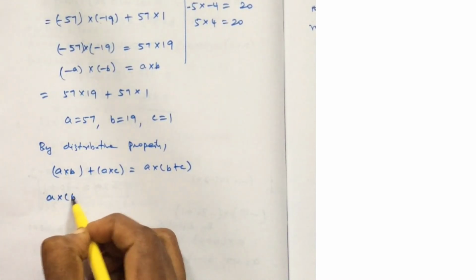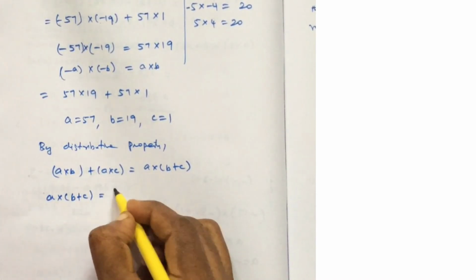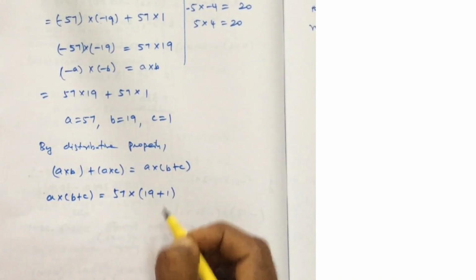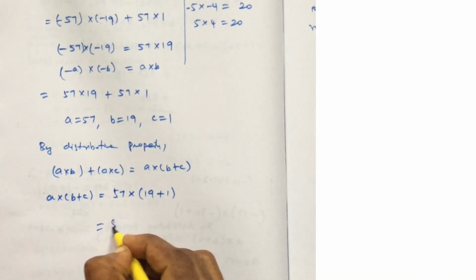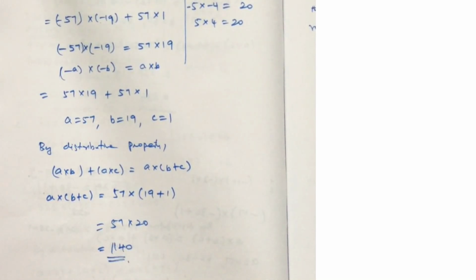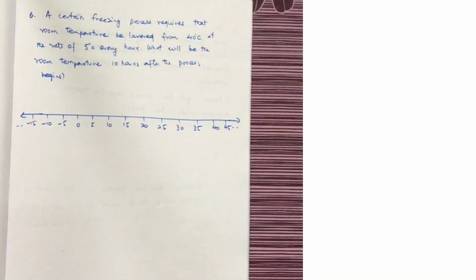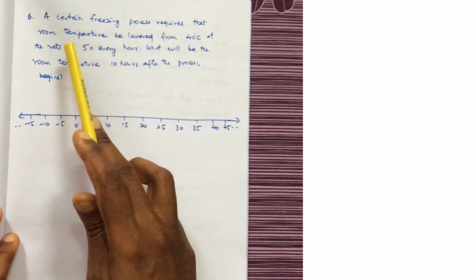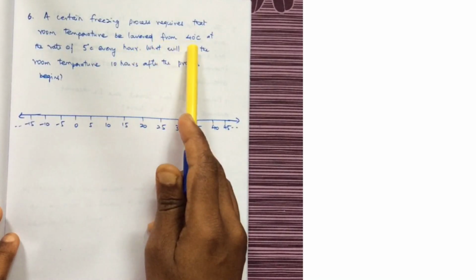A multiplied by b plus c is equal to 57 multiplied by 19 plus 1, that is equal to 57 multiplied by 20. 57 multiplied by 20 is 1140.